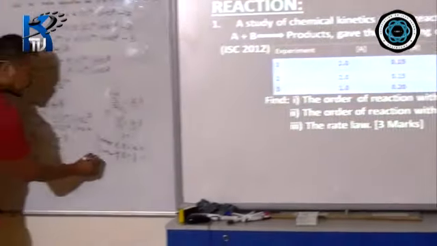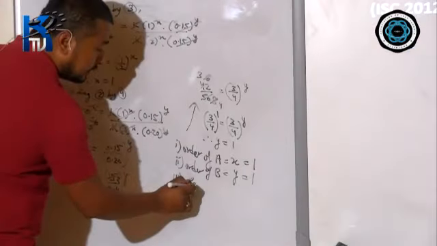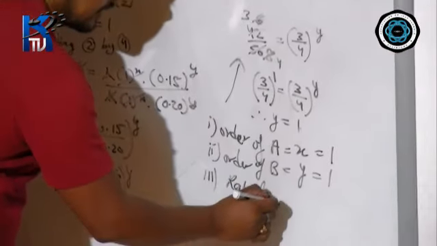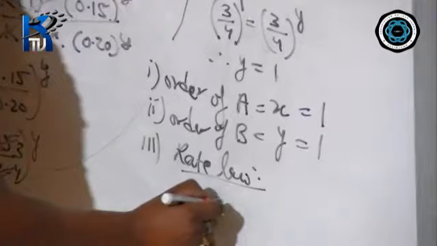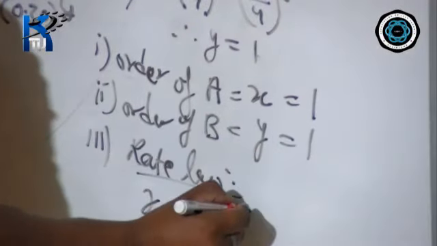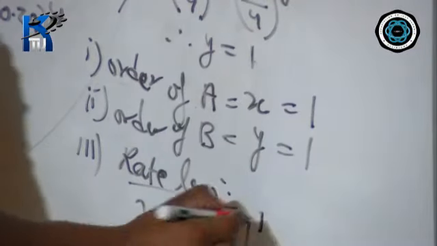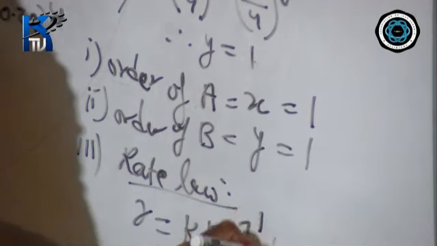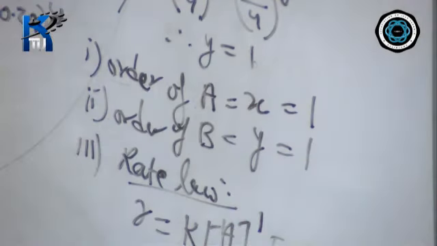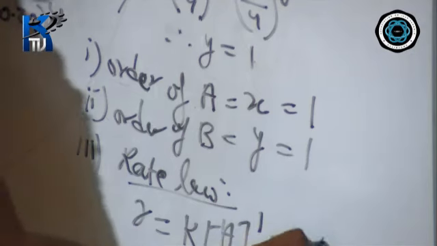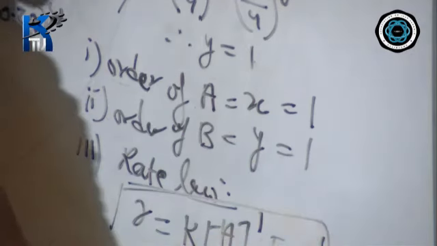And number 3, they are saying to find the rate law. Rate law means rate equation. What we supposed earlier, r is equal to k a to the power of x, x became 1, into b to the power of y, y is also 1, and this gives you the rate law equation.